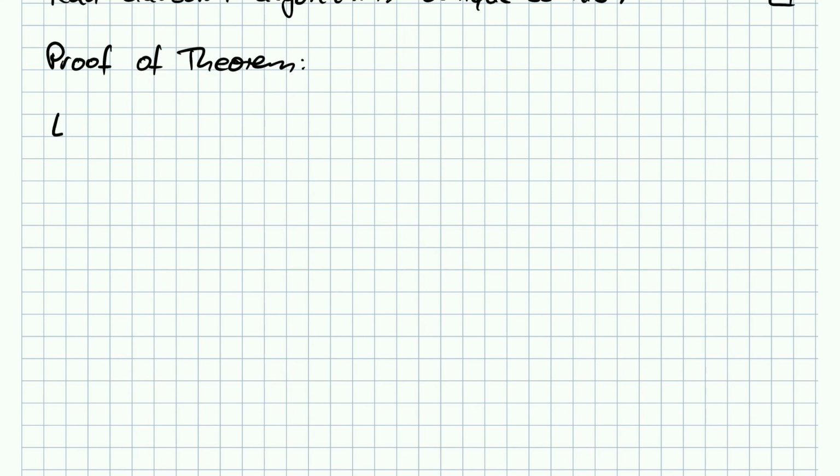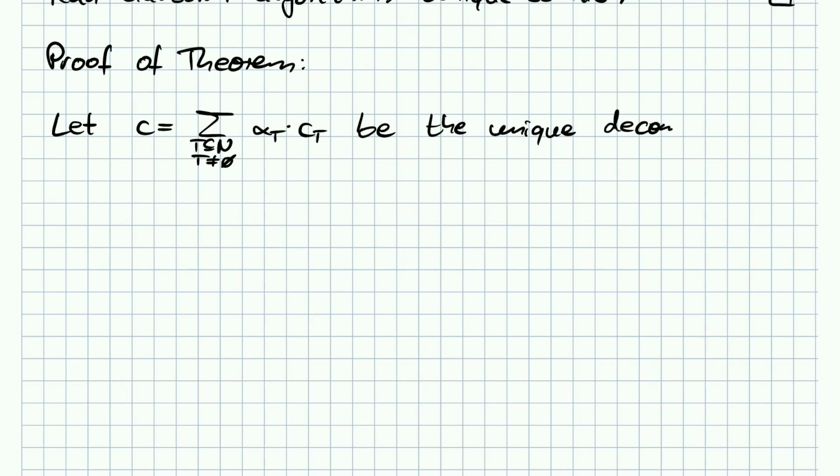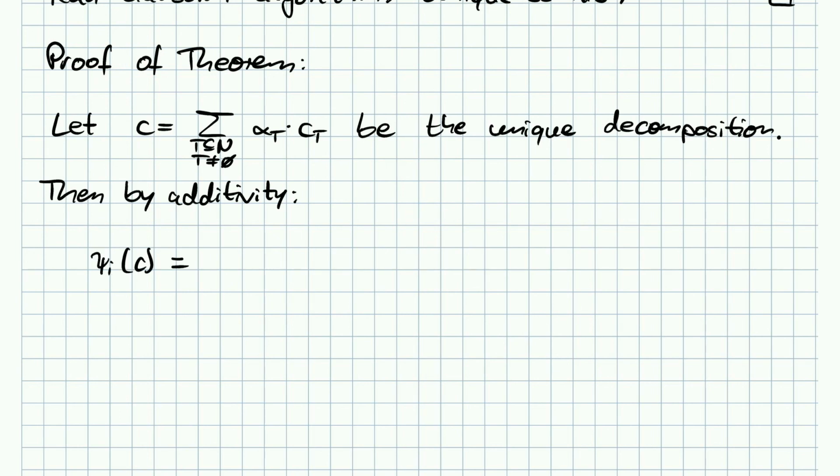Namely, if we now let C being equal to the sum of alpha t times ct be the unique decomposition, then by additivity we'll have that psi I of C will have to be equal to psi I of this sum that we have here.